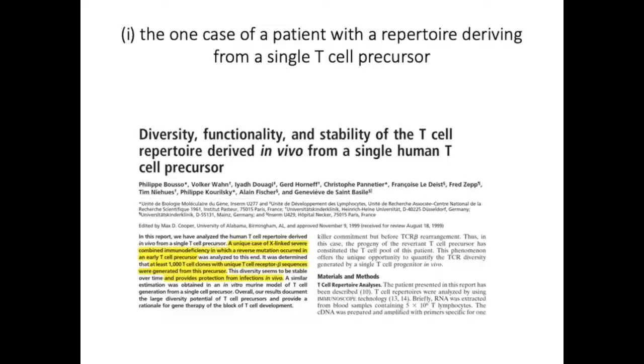But despite this very restricted repertoire, that person did very well. Well, not so well, because that person died after a few years, but from a B cell deficiency, not a T cell deficiency.